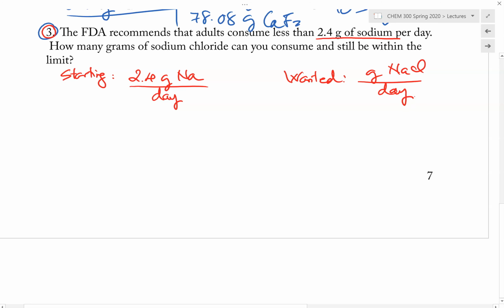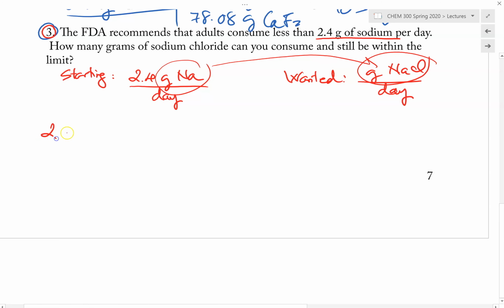So our goal is to convert between the gram of sodium and gram of sodium chloride. We can use the mass ratio or the percentage by mass if that information is readily available to solve this problem. In this case, we don't have the percentage by mass of sodium in sodium chloride readily available. It would then be easiest for us to use the mass ratio.